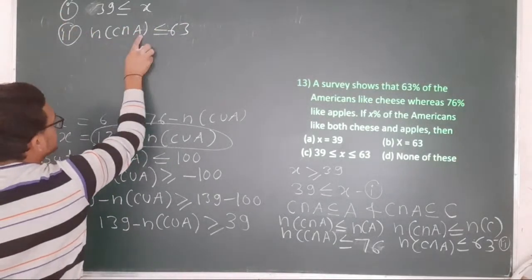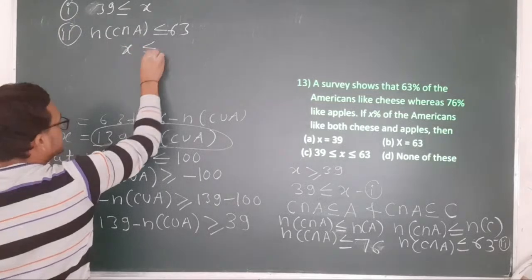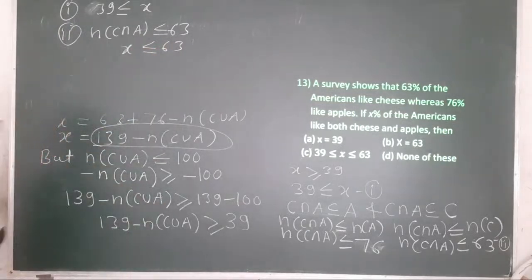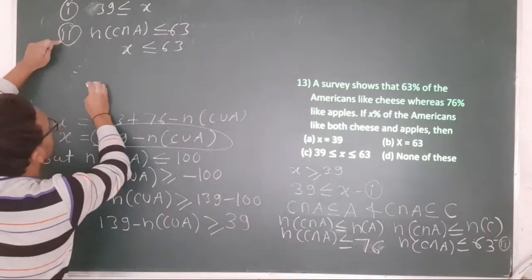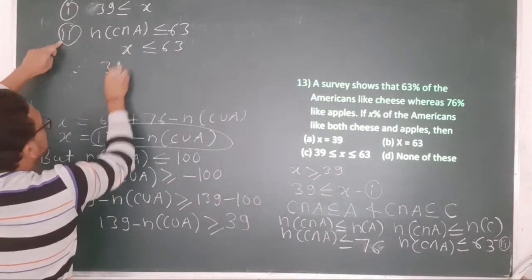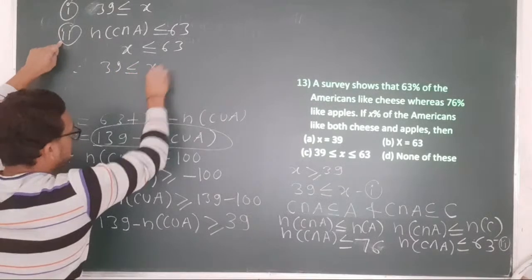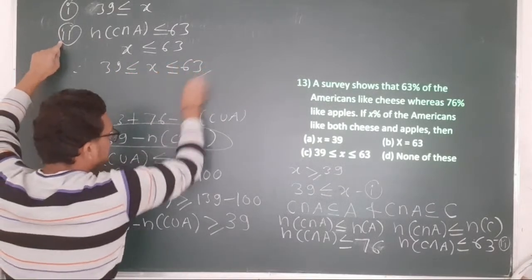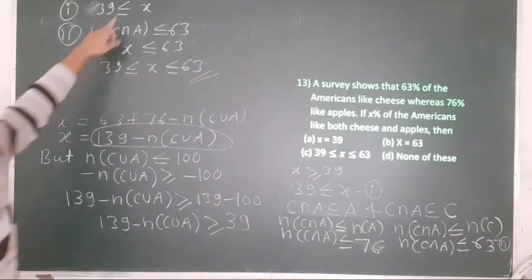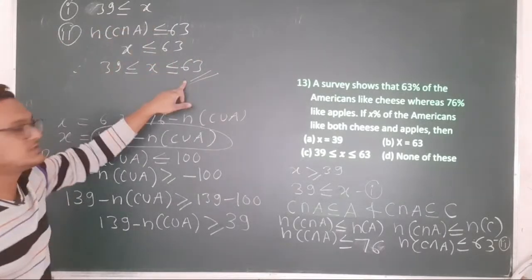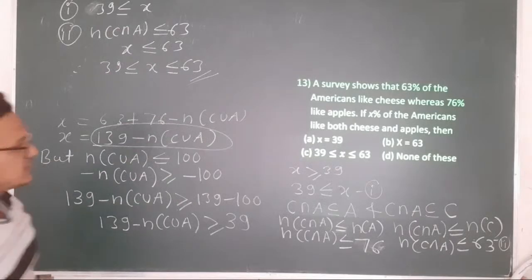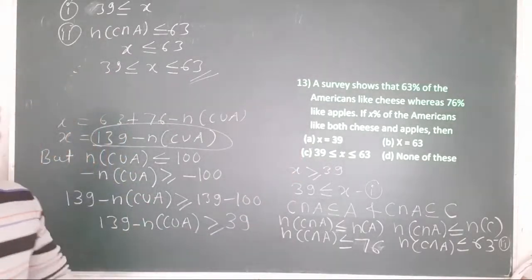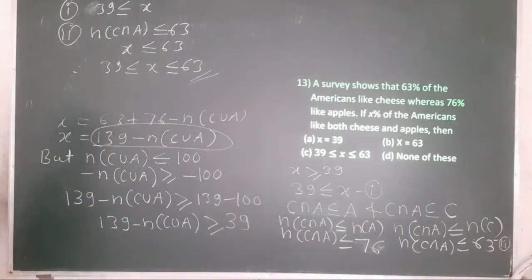This n of C intersection A is x only, so x is less than or equal to 63. Therefore from results 1 and 2, 39 is less than or equal to x is less than or equal to 63. So option C is correct here.